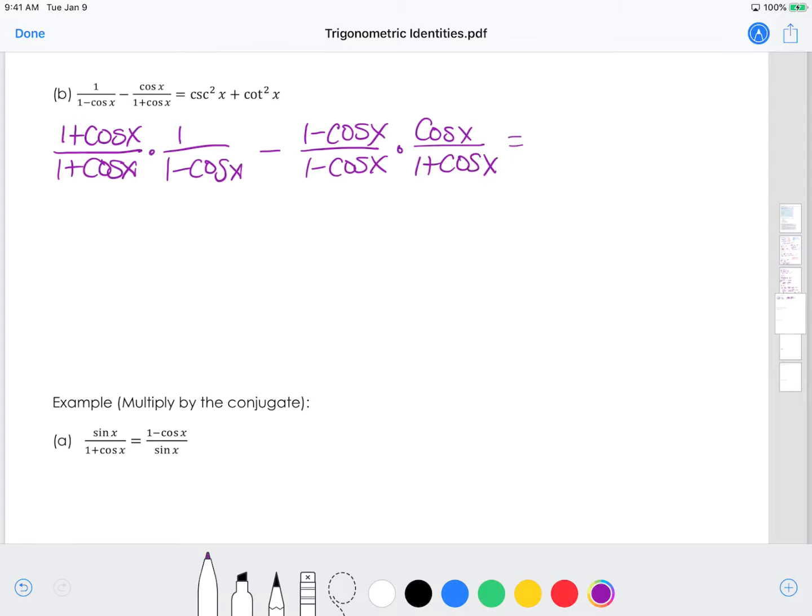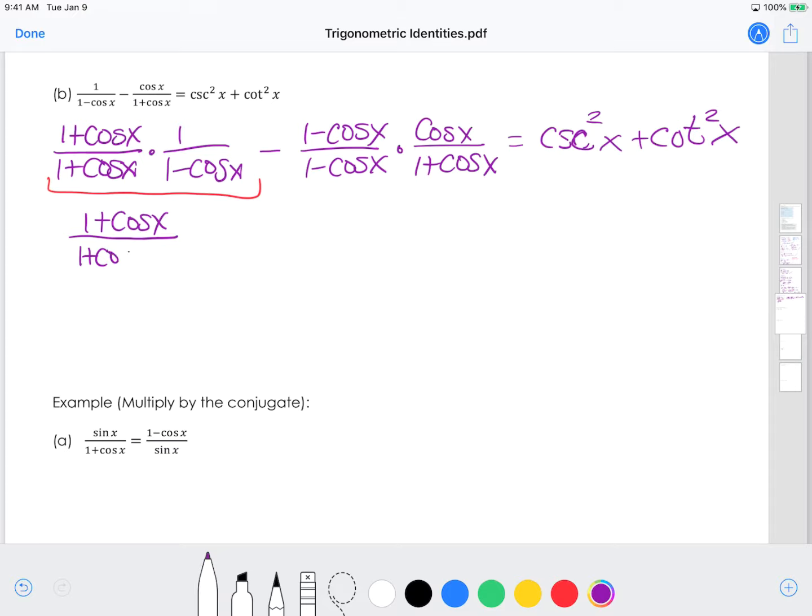And I want to show that that's equal to cosecant squared x plus cotangent squared x. So when I multiply this first expression, that's going to give me 1 plus cosine x on the top with 1 plus cosine x and 1 minus cosine x in the denominator.